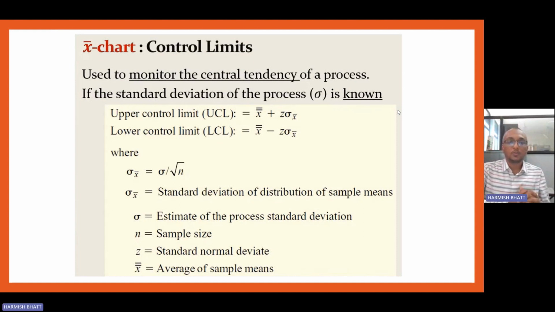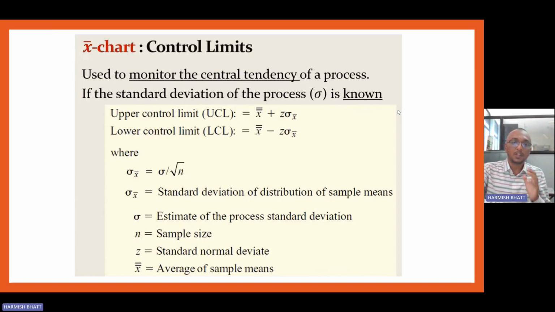In this particular video, this is the first method by which you can plot the X bar chart. If the conditions are somehow different, then another method is also there to prepare the X bar chart. So according to the data available with you, you can select either method.